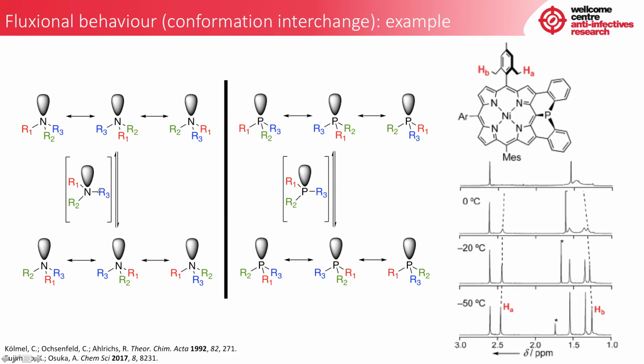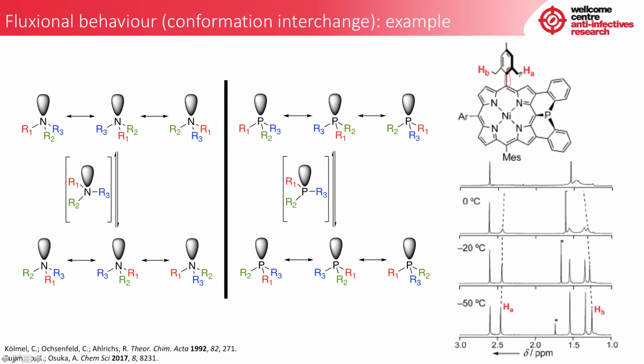However, if we go down a row in the periodic table, phosphines are much harder to interconvert. In fact, this example is specifically synthesized to do so well. Now I want you to look at H, A, and B on this diagram. This system is too hindered to rotate around here, so these should be inequivalent.